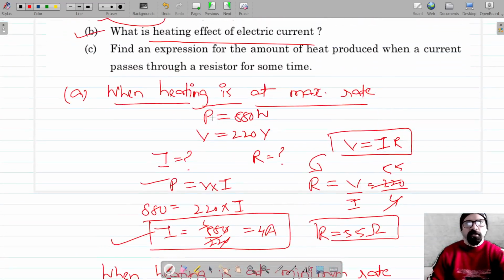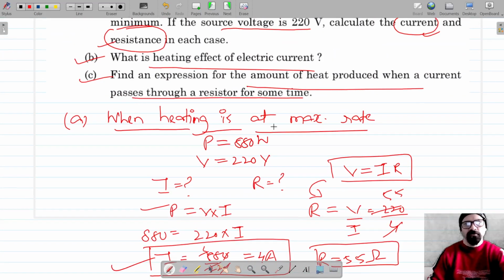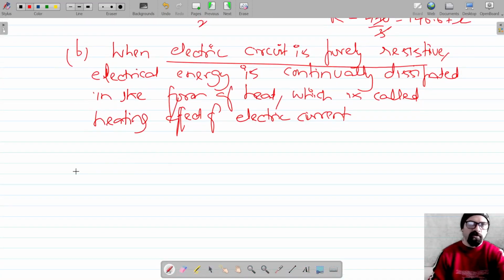Further, it is asked to find an expression for the amount of heat produced when current passes through a resistor for some time. This is Joule's law of heating.